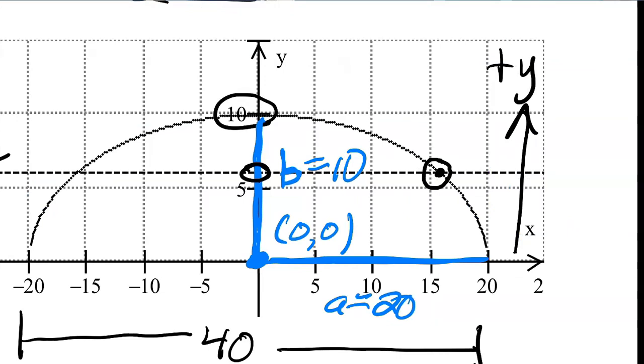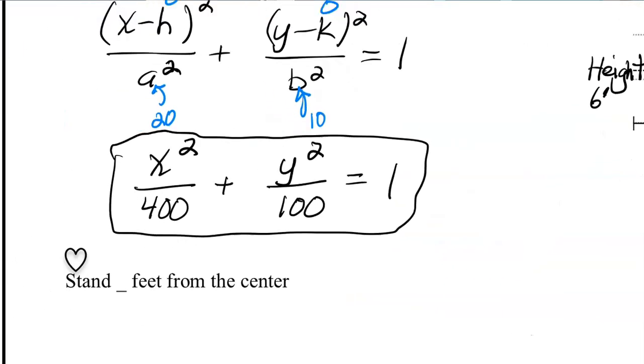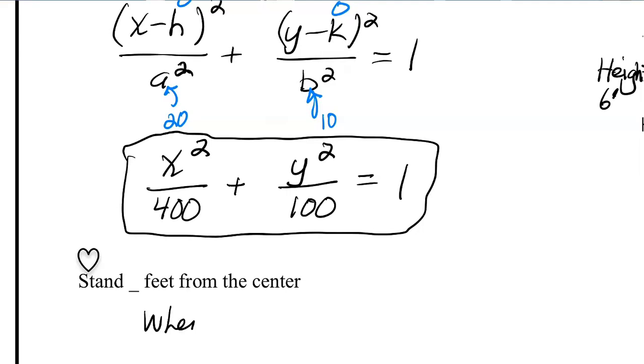So we're looking for this x coordinate. So when y is 6, what is the x coordinate? So that's what you'll be solving when your height is 6 foot. What is x, which is the distance from the center. So that is your last try this.